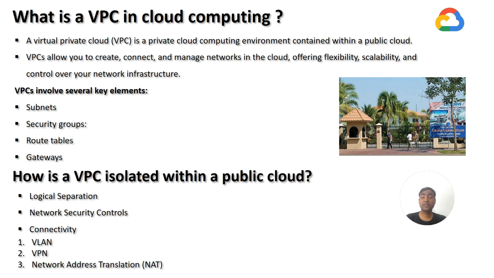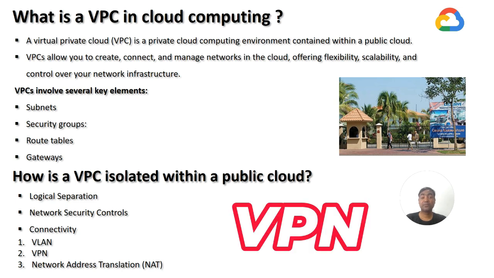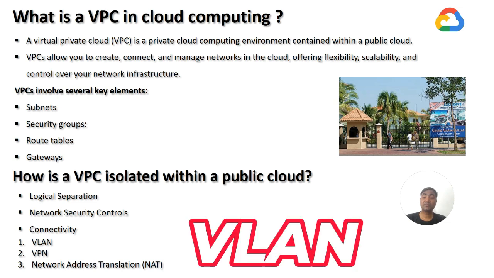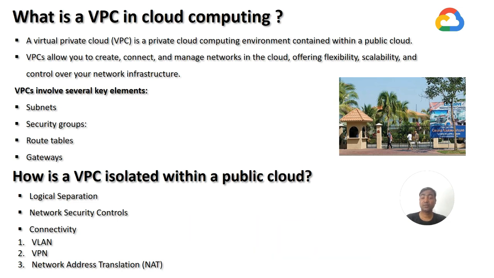Guys, the connectivity: VPCs can connect to each other or to an on-premises network using VPN, virtual private network. This enables hybrid cloud scenarios where you can extend your on-premises network to the cloud, like guys, using VLAN, VPN, network address translation, NAT, and more.